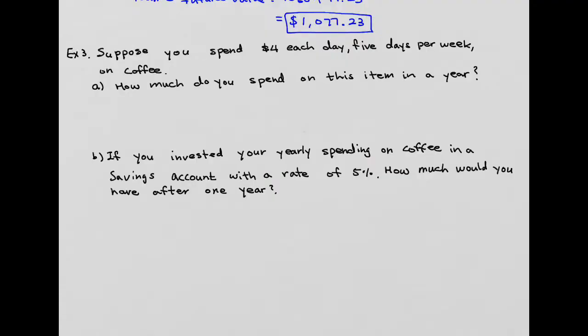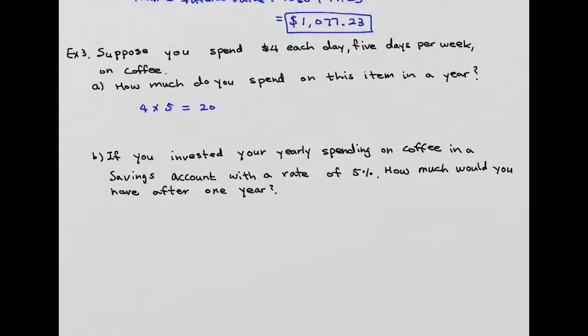Okay, example 3 is interesting because many of us drink coffee and it's expensive. So let's just think this way. Suppose you spend $4 each day. Nowadays, coffee price is a little more expensive than that, but let's say just $4 each day, 5 days per week. How much do you spend on this item in a year? So you're going to do $4 times 5, which is going to be $20.